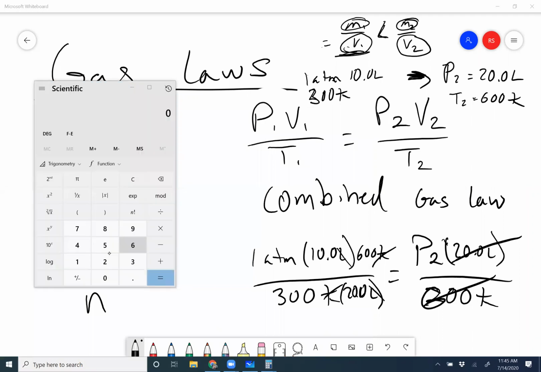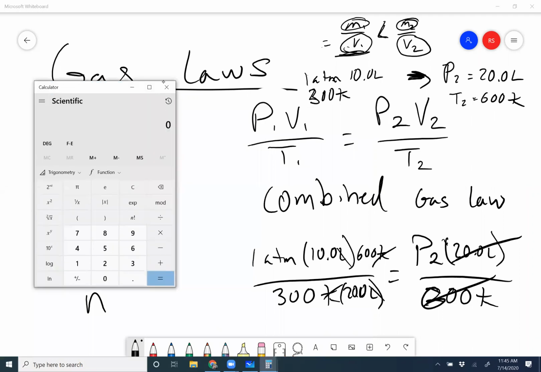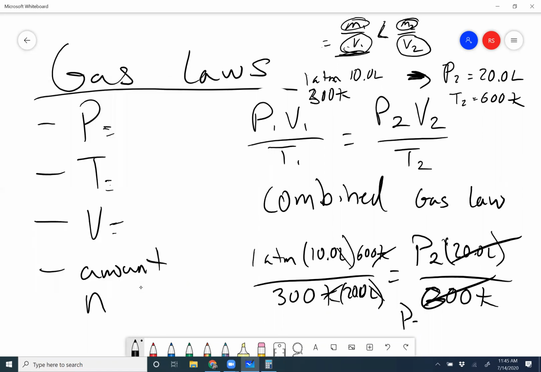So 10, how many calculators you want to give me? 10 times 600, and then divide that by 600, we get 10. So our new pressure is going to be 10 ATM. Now, why does this make sense? Well, remember, pressure and volume have an indirect relationship.